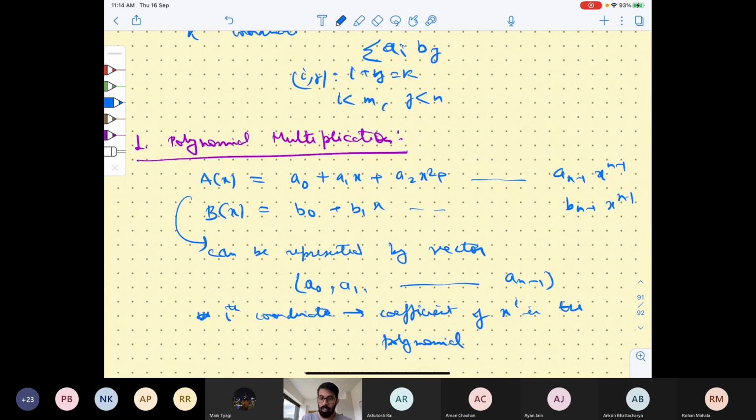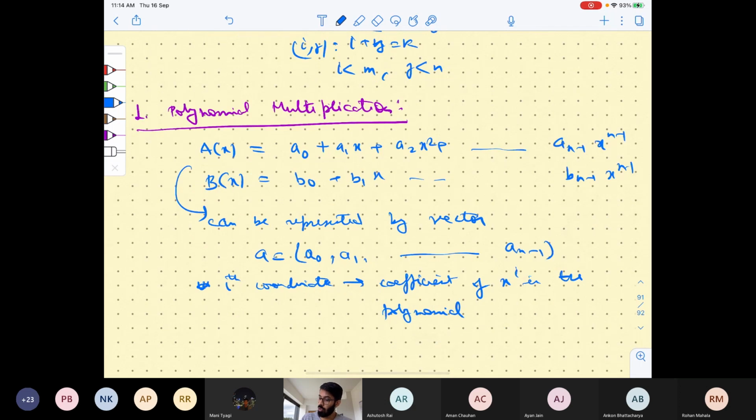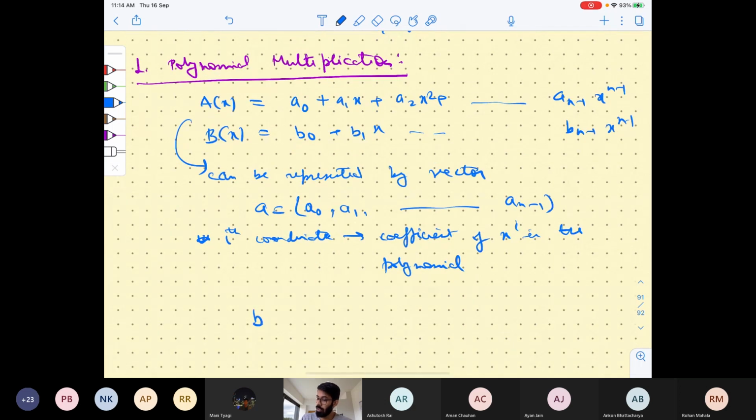So you get this vector a, equal to a0, a1 to a(n minus 1), then this vector b equal to b0, b1 to b(n minus 1).